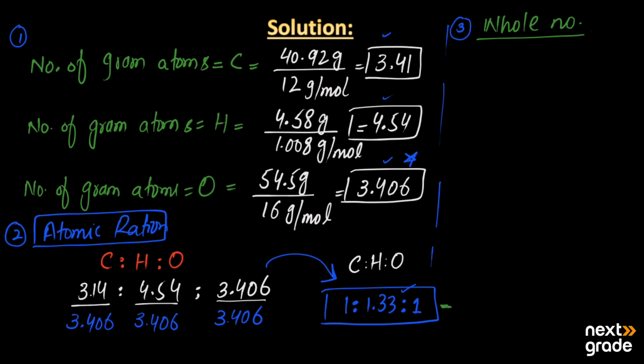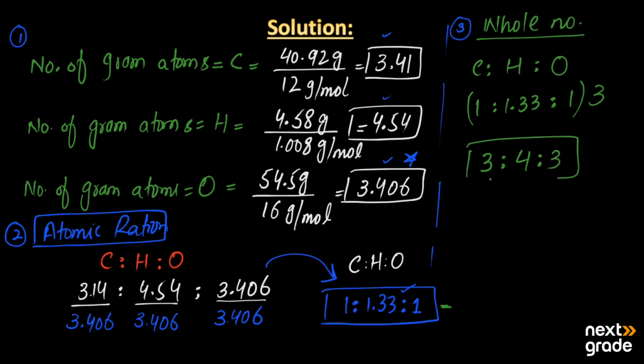The suitable number here is 3. So carbon, hydrogen, oxygen: 1 to 1.33 to 1, multiplied by 3, gives 3 to 4 to 3, as we have carbon 3, hydrogen 4 and oxygen 3.